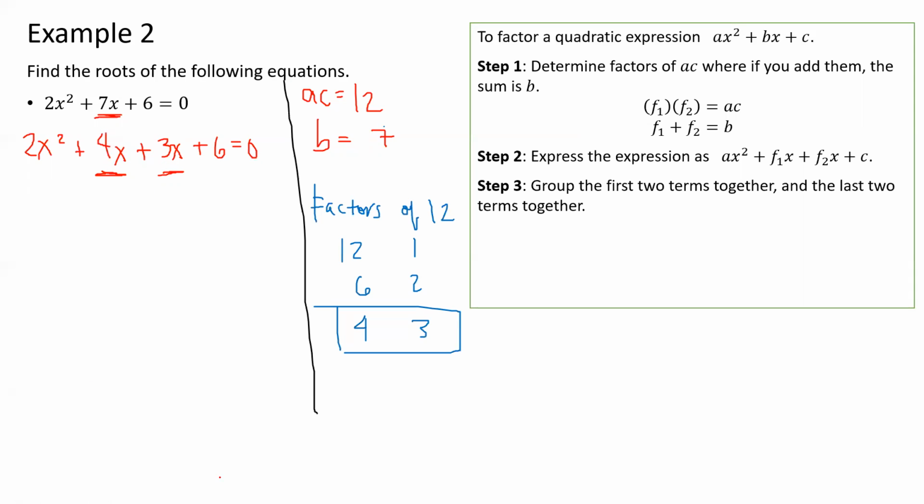Then the next step is to group the first two terms together and the last two terms together. So we'll group 2x squared and 4x, and group 3x plus 6. And step 4, for each group, factor out a GCF from each group of binomials.